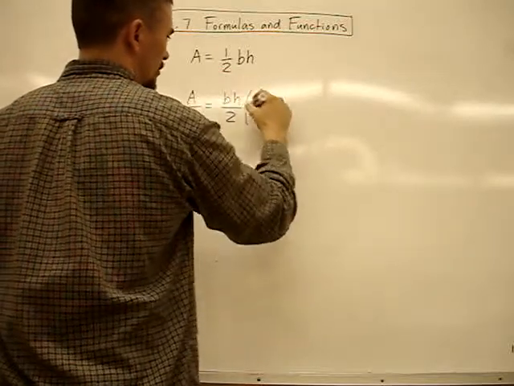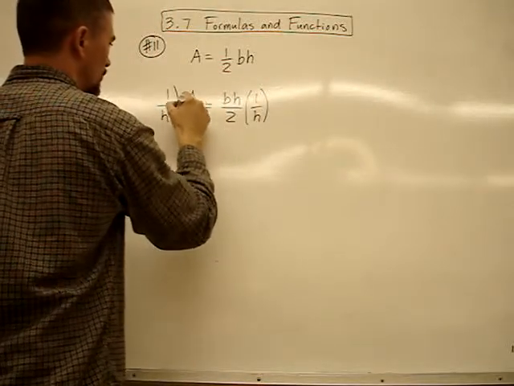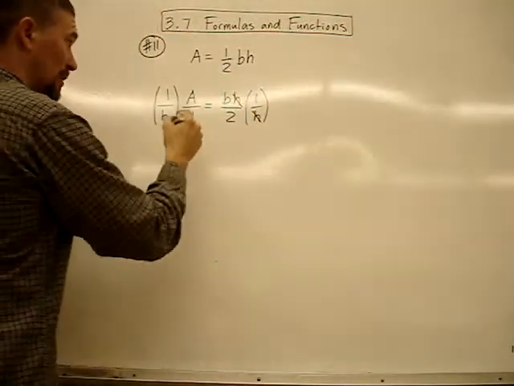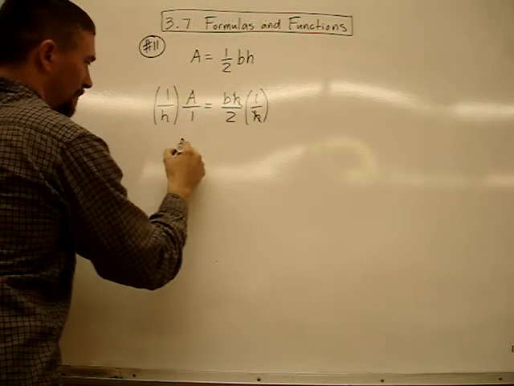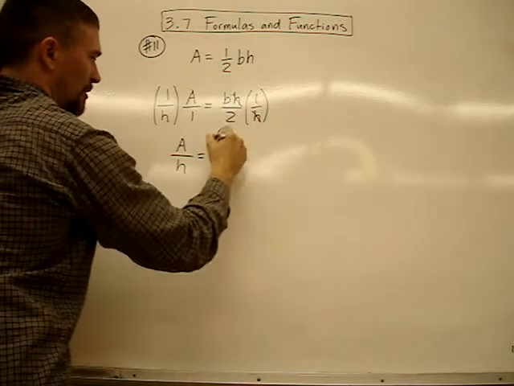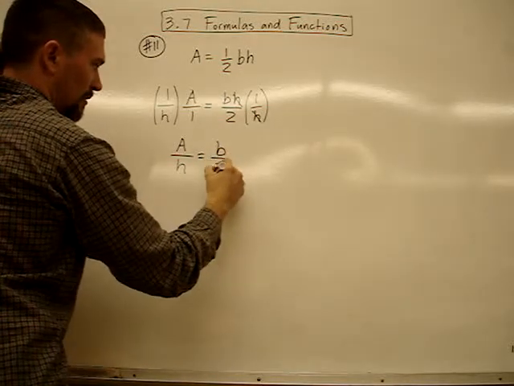That way the h's can cross cancel, and so 1 over h happens over here too. So the h's cancel. 1 times a is a, h times 1 is h, b times 1 is b, 2 times, well, there's like an understood 1 there.